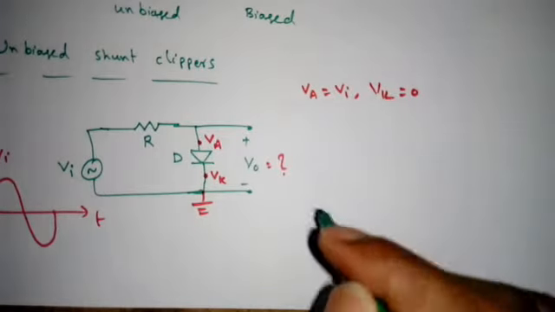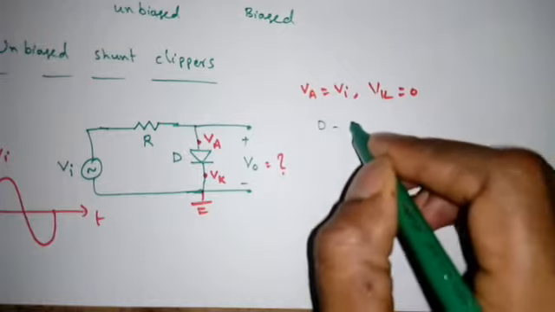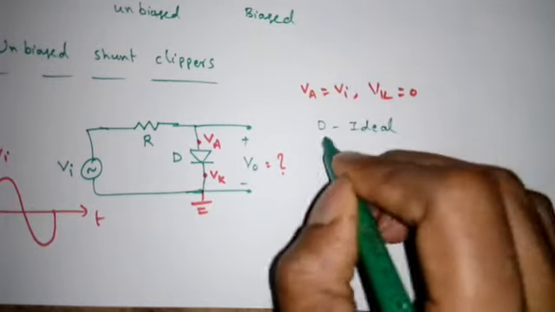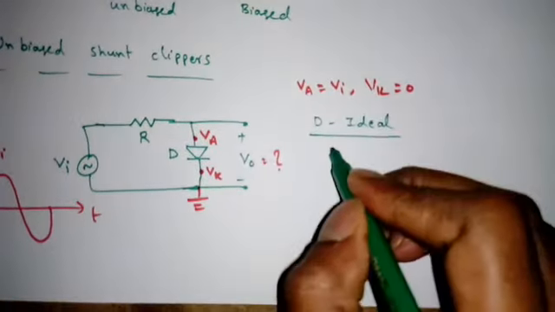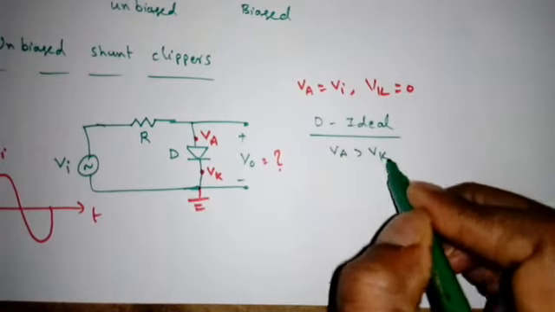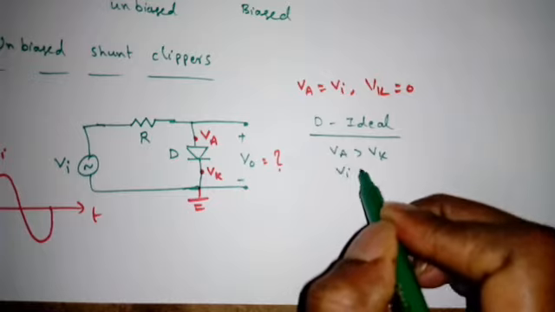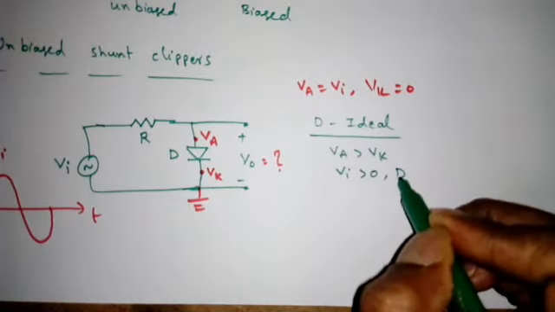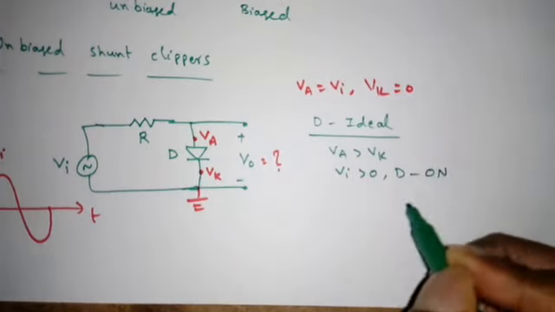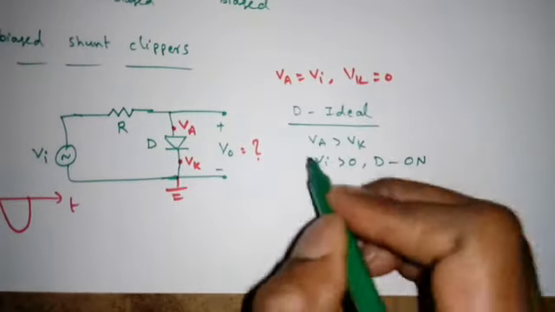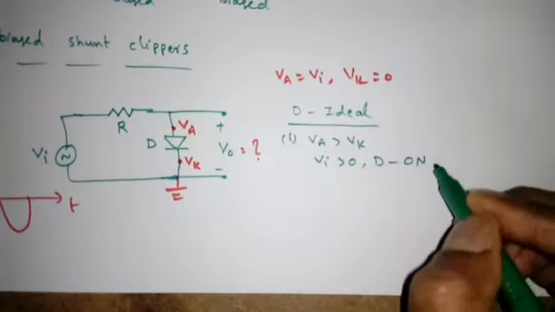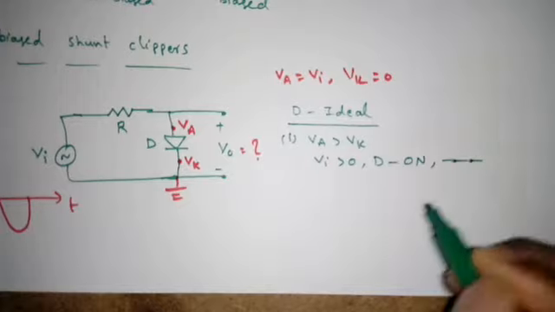Now the first scenario, if the diode D is ideal, VA should be greater than VK. When VA is greater than VK, that is Vi is greater than 0, the diode D is on, or we can say forward bias. When the diode D is on, it will be replaced by a short circuit.